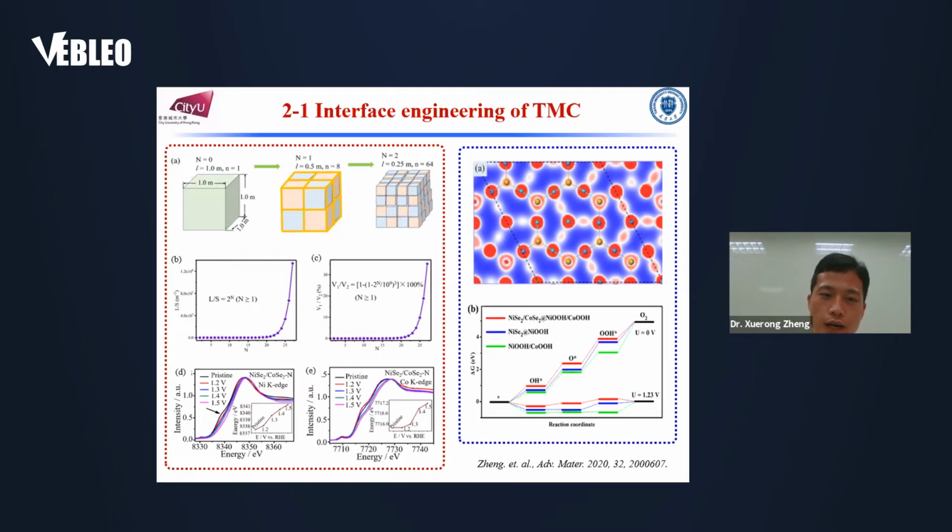And then we performed hard XAS to characterize the valence states of the trace metals at different potentials. We can find that both nickel and cobalt at the atomic-level interface can be activated much more easily, and at a relatively lower potential, the nickel can be more easily activated.